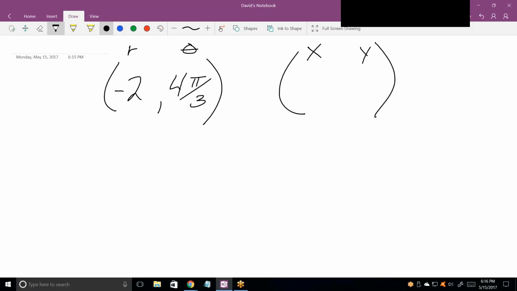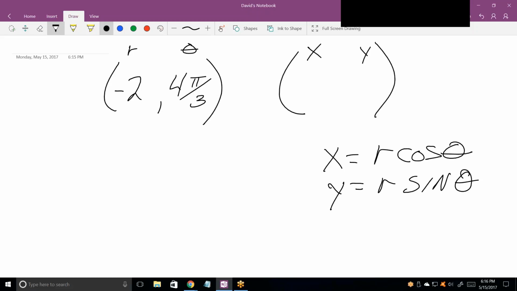What are they? What's x equal to? r times cosine of theta. And y? r times sine of theta. Well, there you have it. This one's easy. What's x going to be equal to? Minus 2 is r.